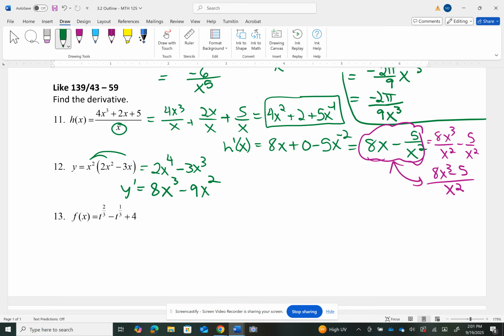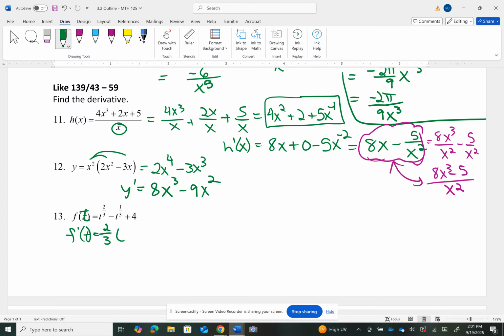Okay. Now, this one, you have fractional exponents. So they're already written like power functions, so I'm ready to go in and do the derivative. If I have t's, I need to have t's, or if I have x's, I need to have x's. So let's fix that and make it a t right there.